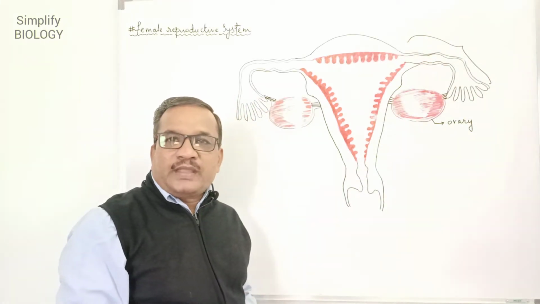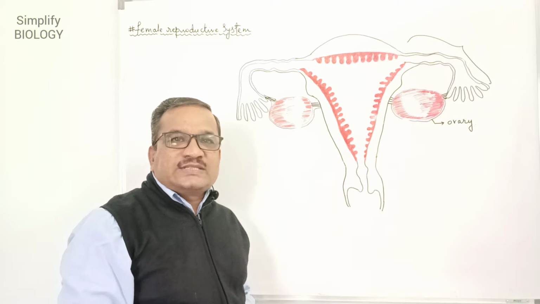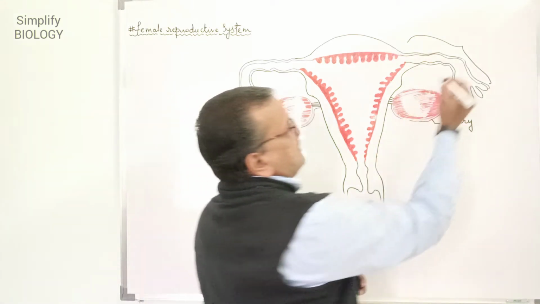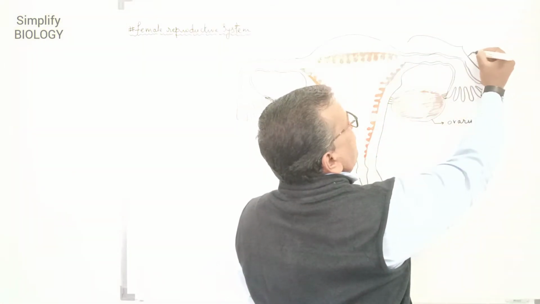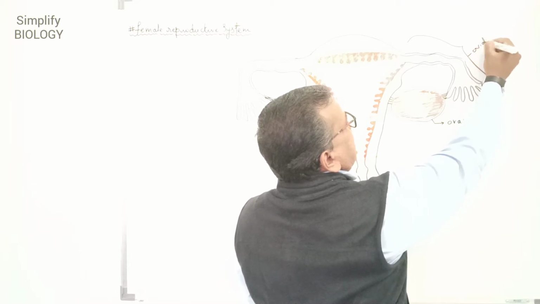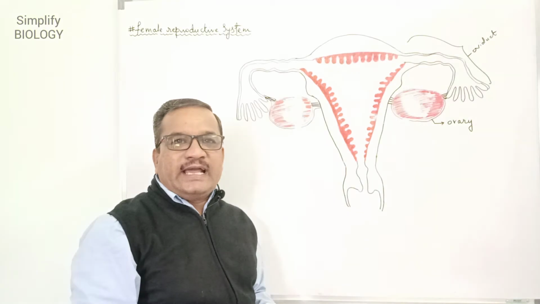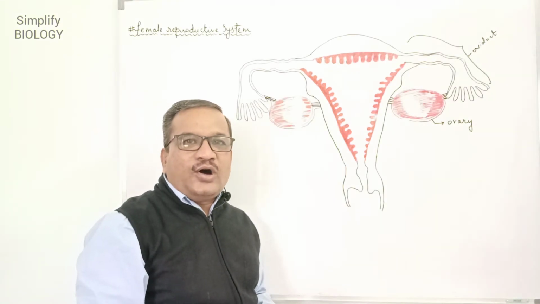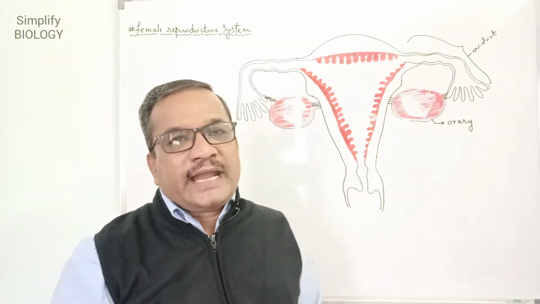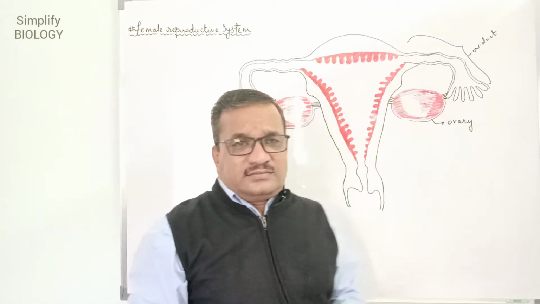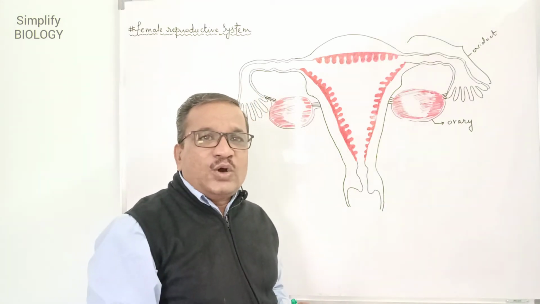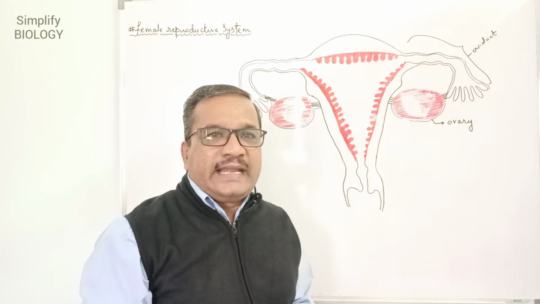This tube is called the oviduct, or it is also called the fallopian tube, or the uterine tube. There are a number of names for the oviduct. Keep this in mind.